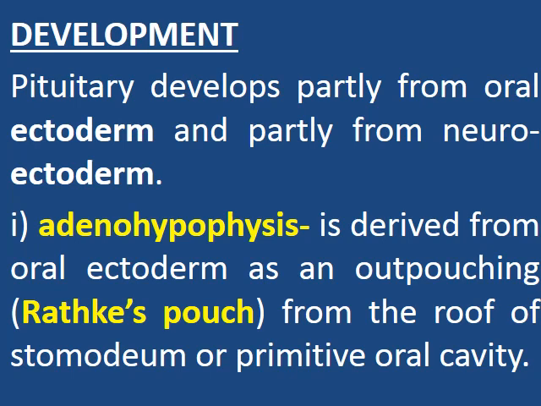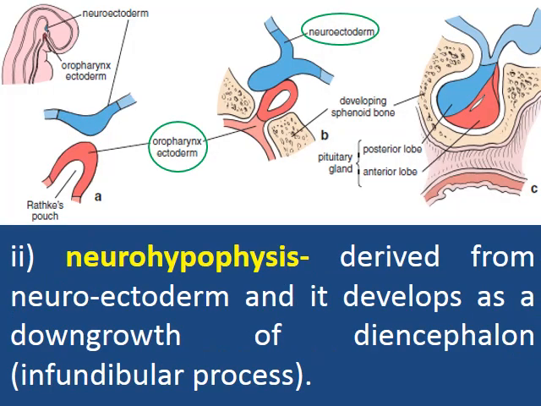Adenohypophysis is developed from oral ectoderm as an outpouching, that is called the Rathke's pouch, from the roof of stomodium or primitive oral cavity. Whereas neurohypophysis develops from neuroectoderm as a downgrowth of diencephalon.